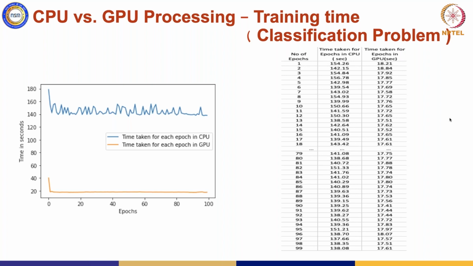You can assume that this is just for a very, very small classification problem, some diabetic retinopathy detection, which we tried for some application. This was just an idea to show the time difference for execution on a CPU and a GPU.